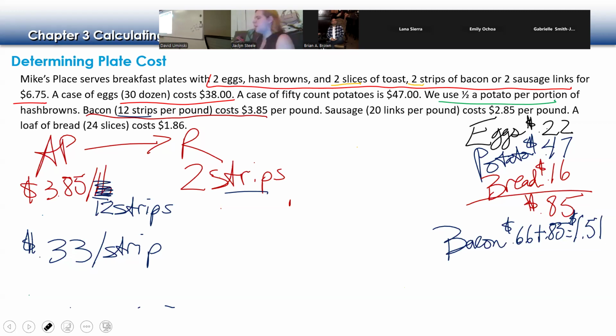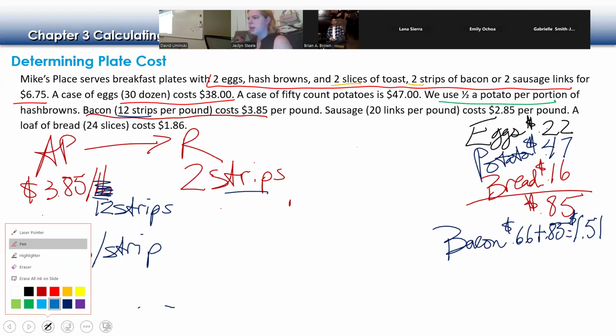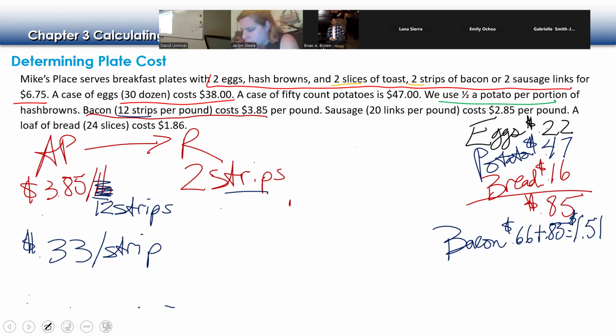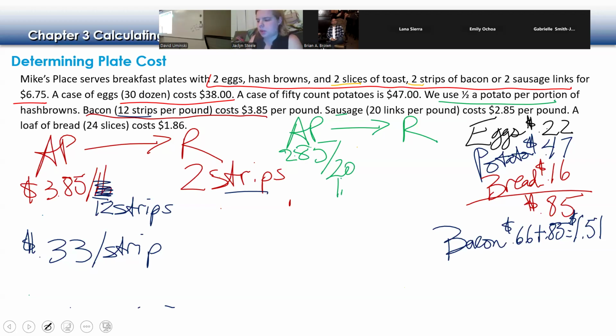Cool. Let's do sausage in a different color. Let's go green. All right, sausage is AP to recipe. Sausage is $2.85 for 20 links. Our recipe is 2 links.